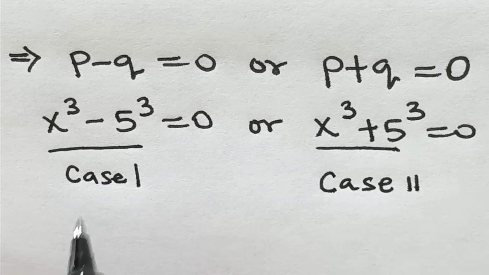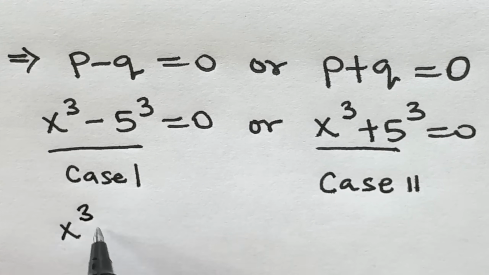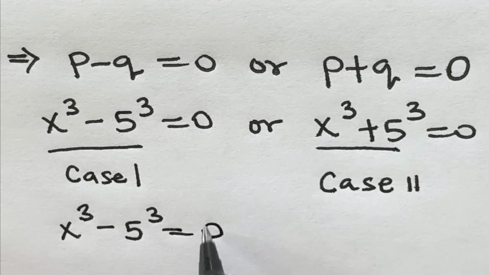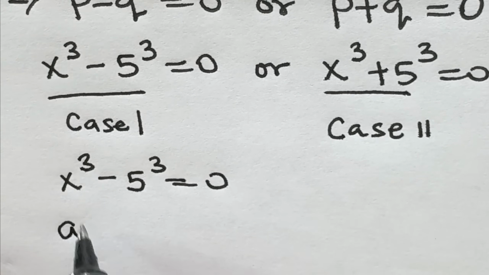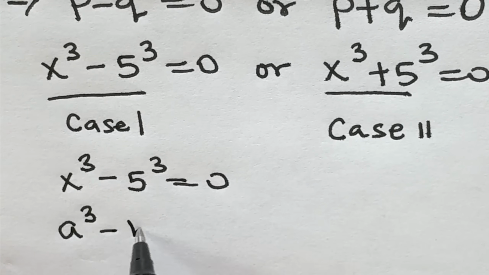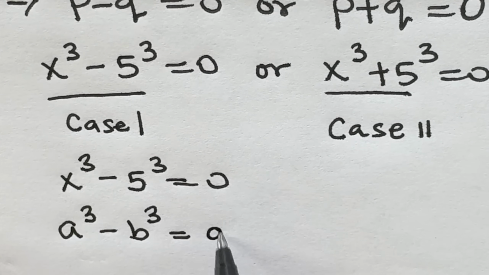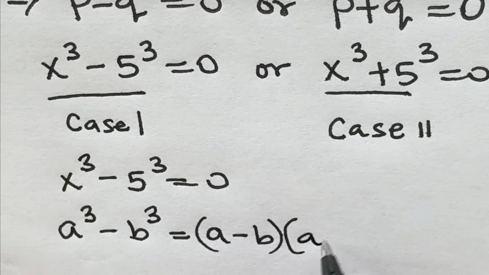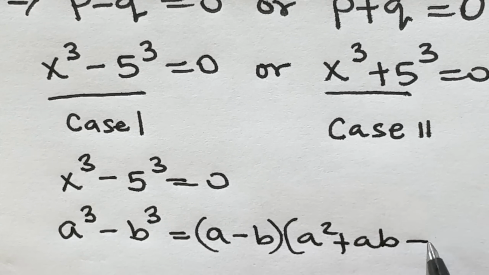Now for case 1, we have x raised to power 3 minus 5 raised to power 3 is equal to 0. By identity, given a raised to power 3 minus b raised to power 3, you can factorize this as a minus b times a squared plus ab plus b squared.